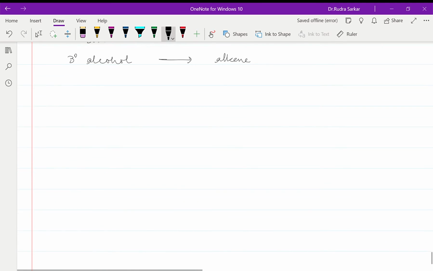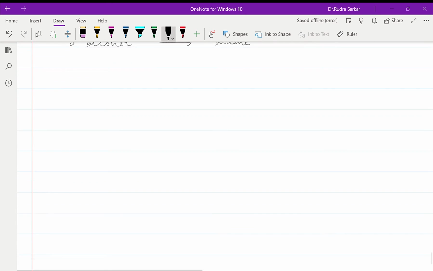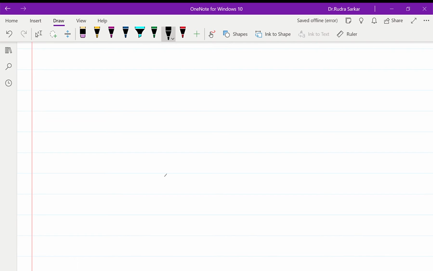Now, to summarize all the things that we have done in the previous classes, and the things we did today. Suppose you have been given 1-pentanol, okay, and I am taking out arrows, putting some reagents over here.